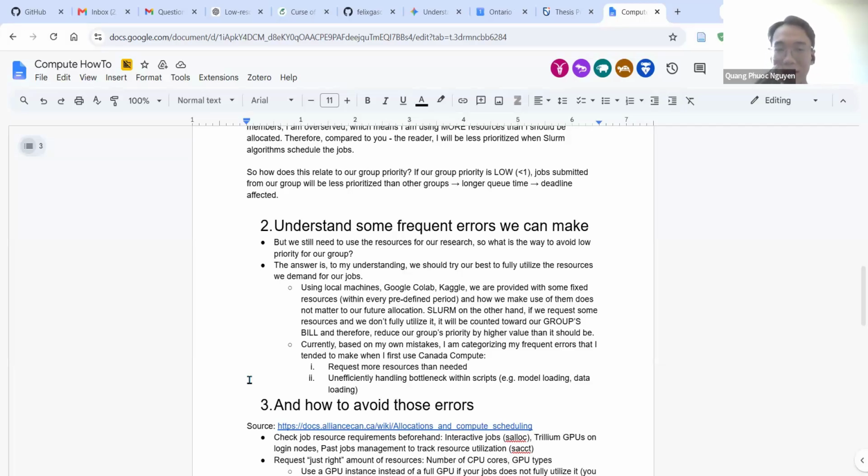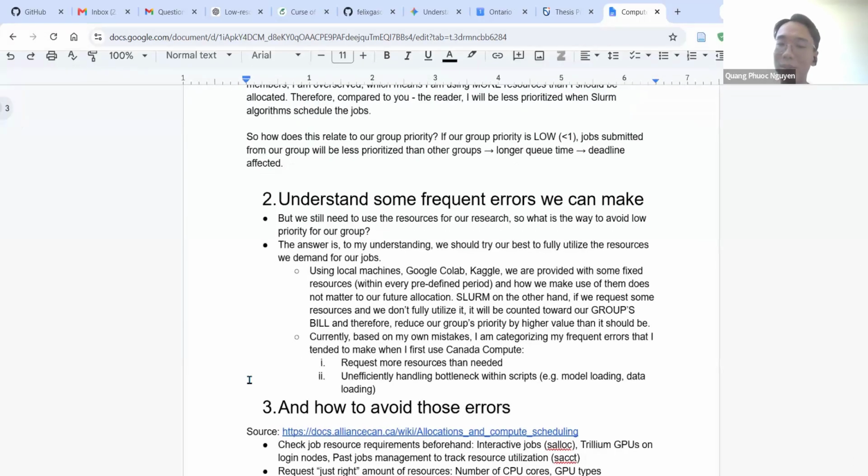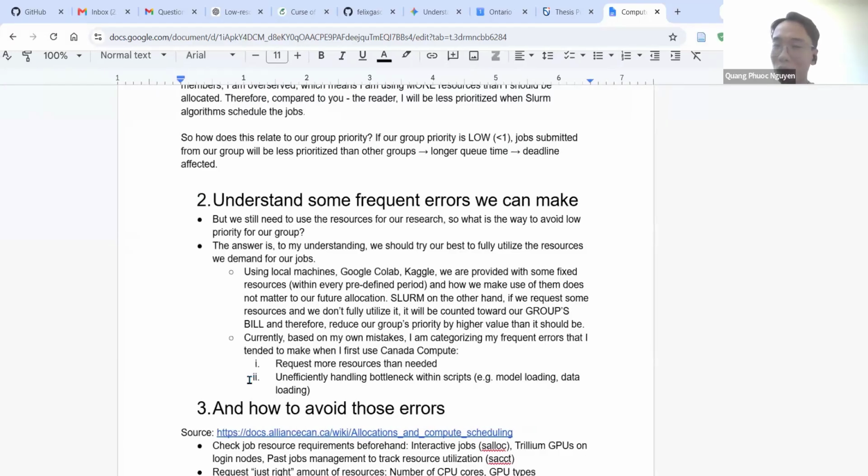According to my own experience, the two main mistakes that I made when I first learned to use Slurm were that I was either requesting more computing resources than I needed, or I hadn't handled some bottleneck in my job scripts efficiently.